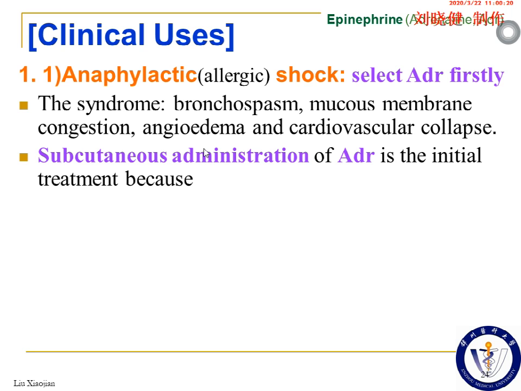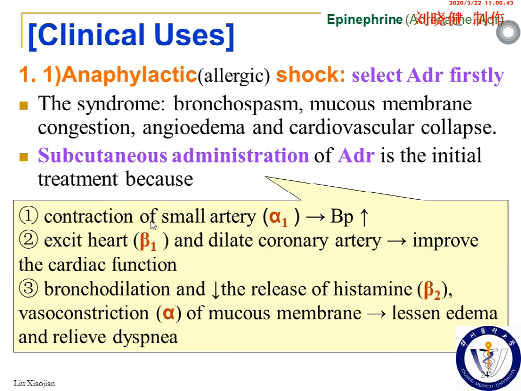So under these conditions, select epinephrine first, and the subcutaneous administration of adrenaline is the initial treatment. It's very important and very effective, and there are mechanisms to explain why. Because alpha-1 receptor induces vasoconstriction, especially in the small arteries, based on this result, blood pressure increases obviously.